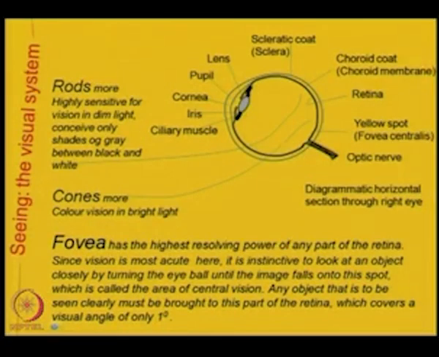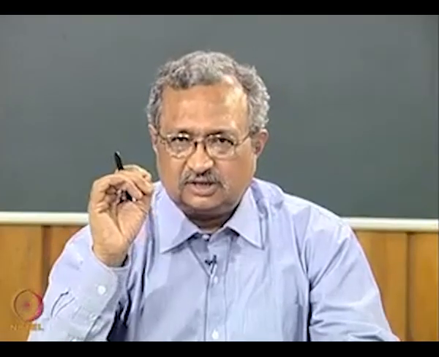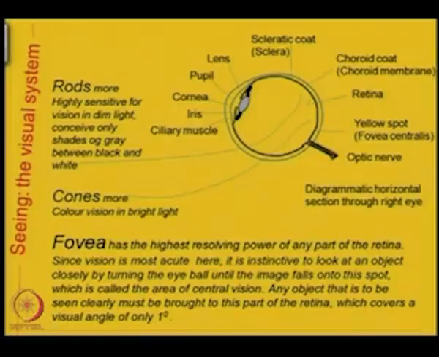Now, while discussing all these aspects, we must see something about the eye structure and how it functions. Like the visual system, the eye is more or less of oval to circular shape, filled with some specific liquid, and there is an outer cover.